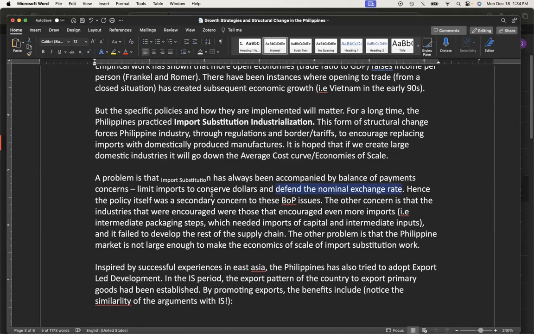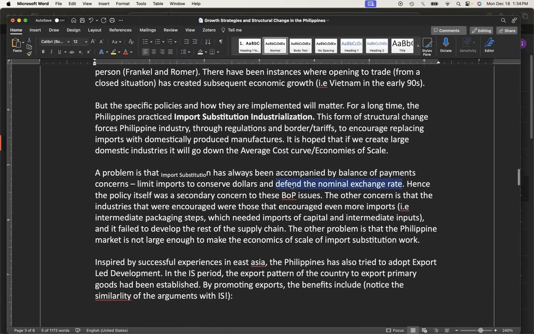Okay, and in case it's unclear, the Philippines would like to defend the exchange rate precisely because it wants to have this stable rate at which it can import products from abroad. So all of these things are tied together, right?